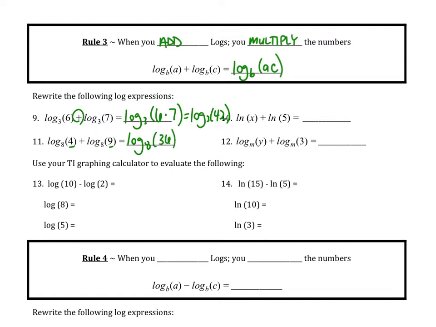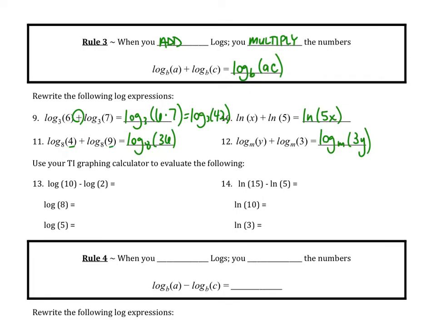Natural log, it's the same thing. I'm going to take what's inside, multiply those together, and I get the natural log of 5x. The last one, log base m of y plus log base m of 3, is going to be log base m of 3y.